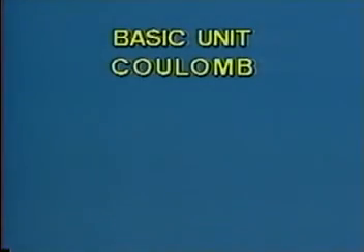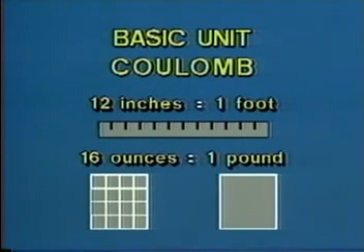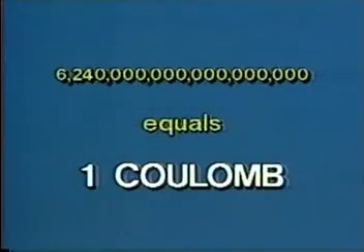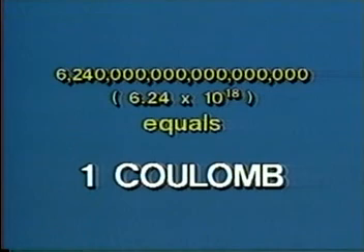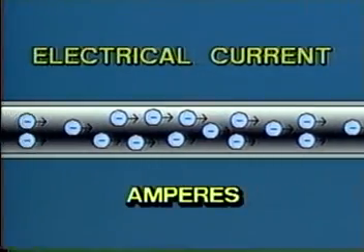A basic unit of measurement in electricity is the coulomb. Just as 12 inches equals a foot and 16 ounces equals a pound, it takes 6.24 billion electrons to equal 1 coulomb. Electric current is measured in amperes.